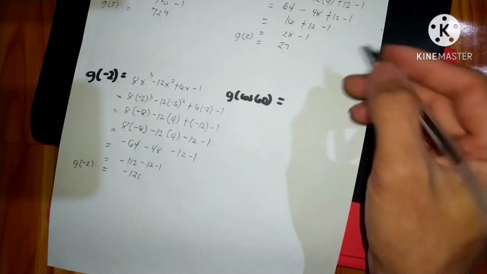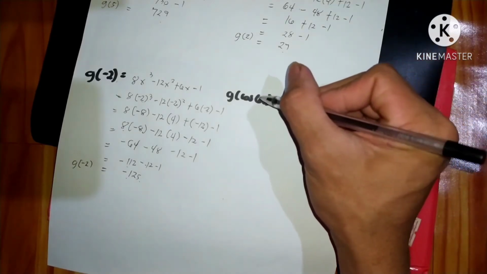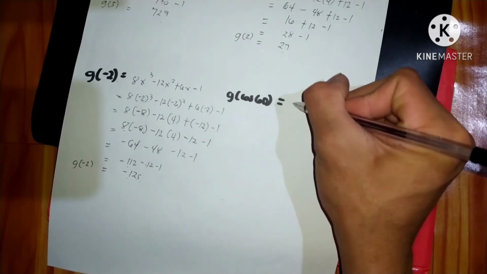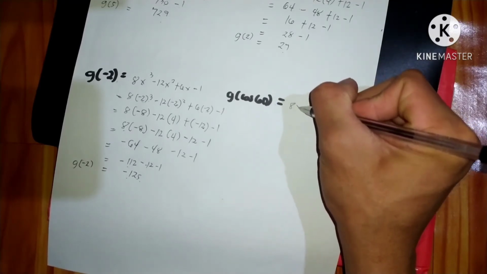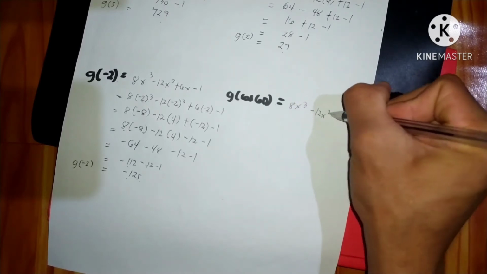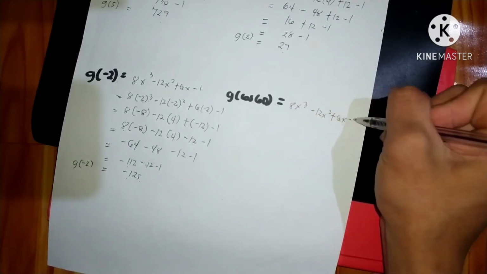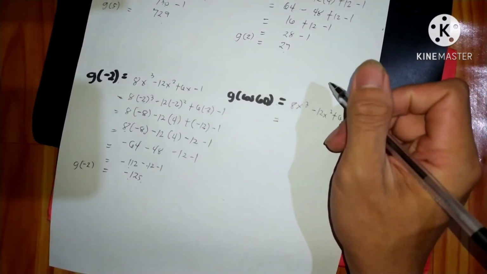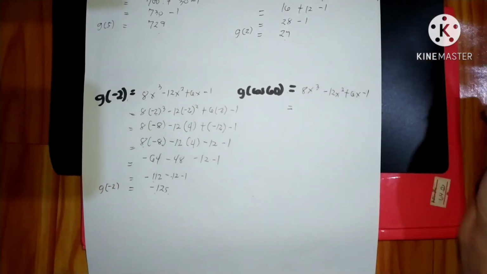Then, ang kukunin naman natin ay ang G of cos 60. So, copy the equation. 8x cubed minus 12x squared plus 6x minus 1. Natabingi na siya.